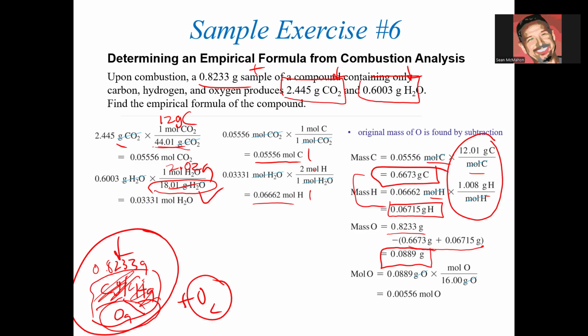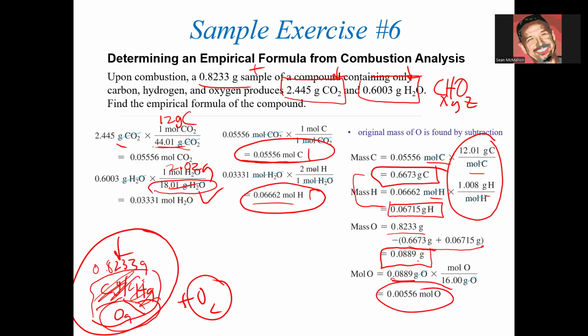What do I do? Well, I have the moles of hydrogen and the moles of carbon, and for this mole ratio, I have to get the moles of oxygen. And that's what I did. I converted the grams from subtraction into moles using molar mass.